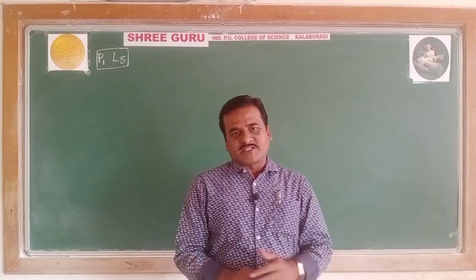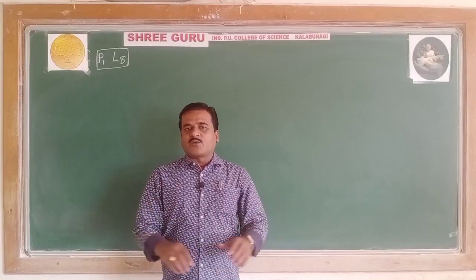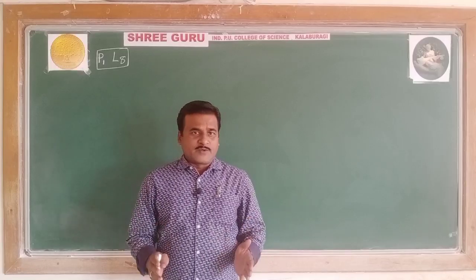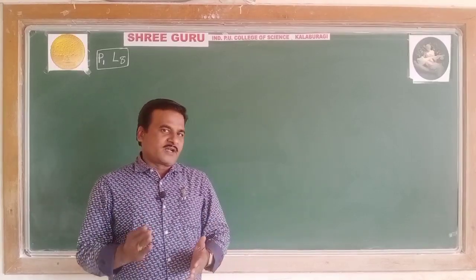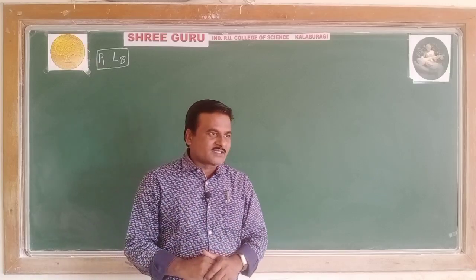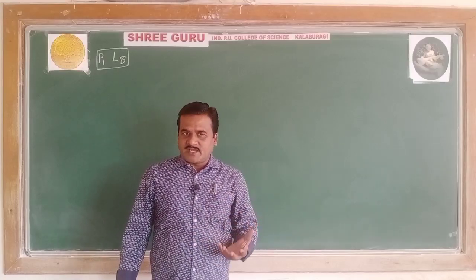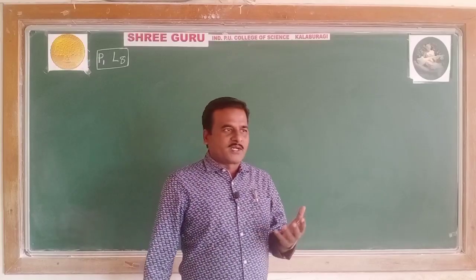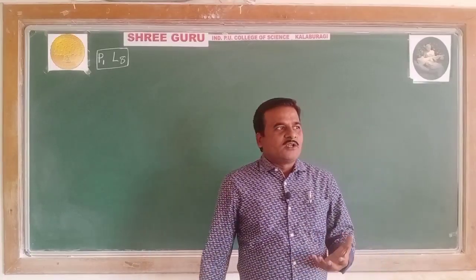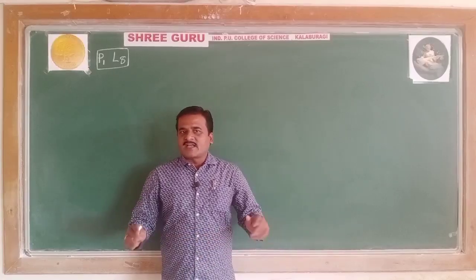With two corrections, namely pressure correction and volume correction, van der Waals gave a new equation for real gases, for n moles of gas, and for 1 mole of gas we concluded with the van der Waals constants A and B, including the SI unit of A, which is Newton meter raised to 4 per mole square, and the SI unit of B, called effective volume, whose unit is meter cube per mole. That was the discussion till the last class.